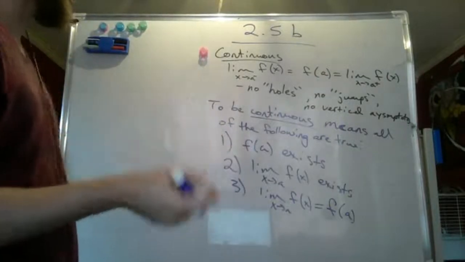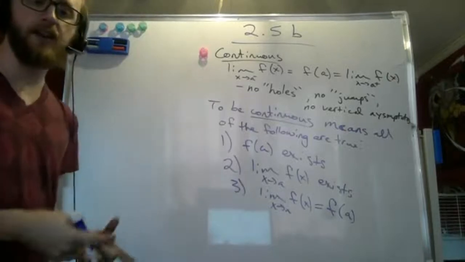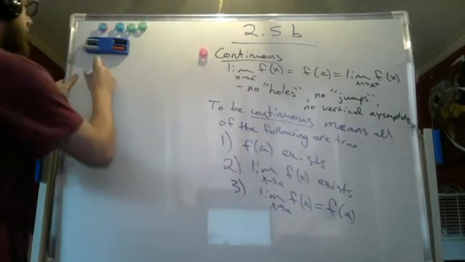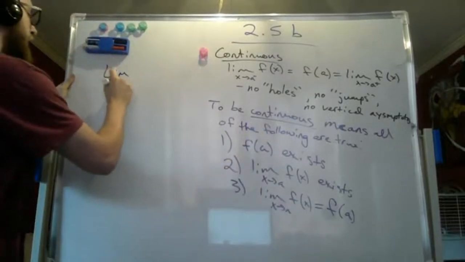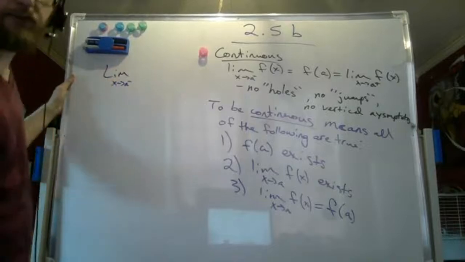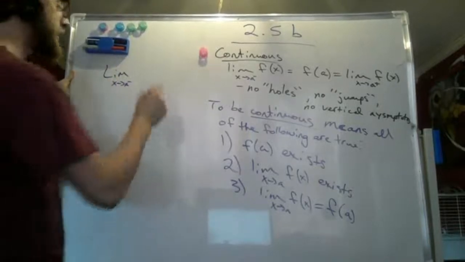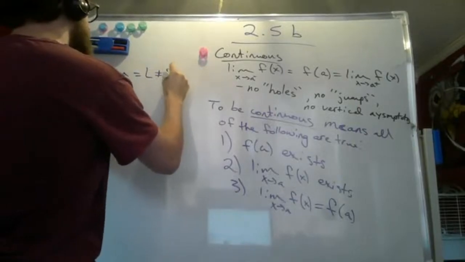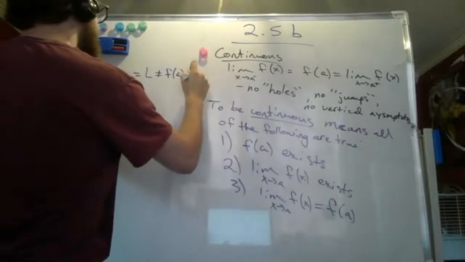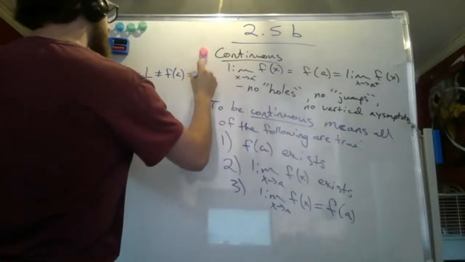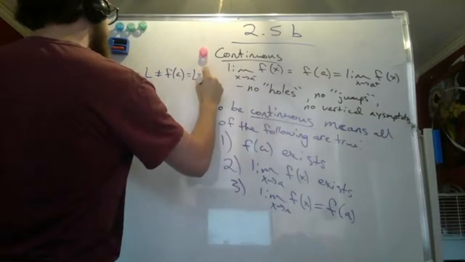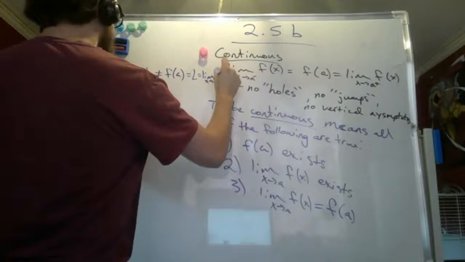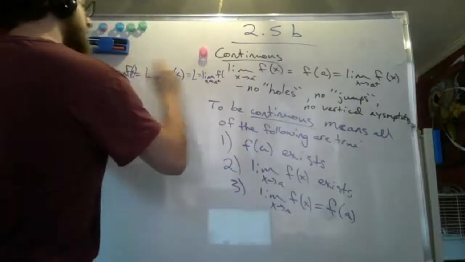So what do we have when this doesn't happen? When this definition breaks, this is what we call discontinuity. So if the limit as x goes to a from the left is equal to some L, which is not equal to f of a, and the limit from the right side equals L as well.